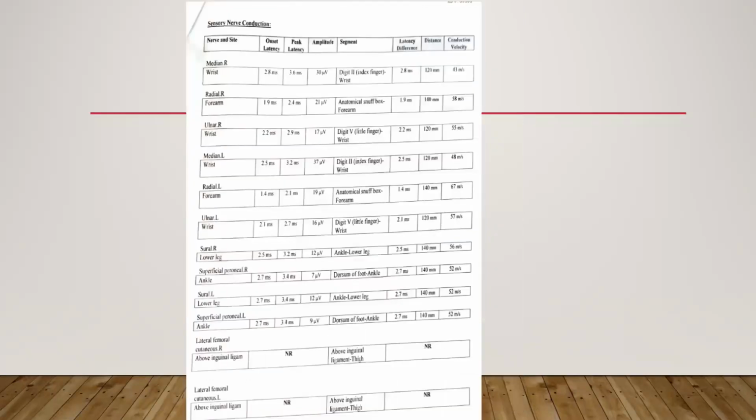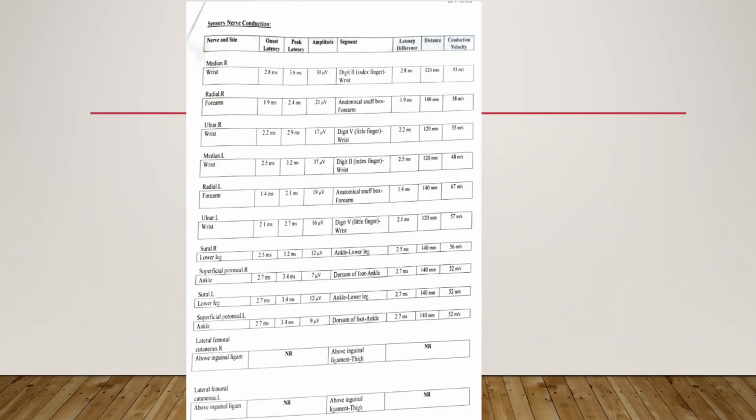Coming to sensory conduction, right and left lateral femoral cutaneous nerves of thigh are not excitable. Right and left median, radial, ulnar, sural and superficial peroneal latencies, amplitudes, and velocities are all normal.